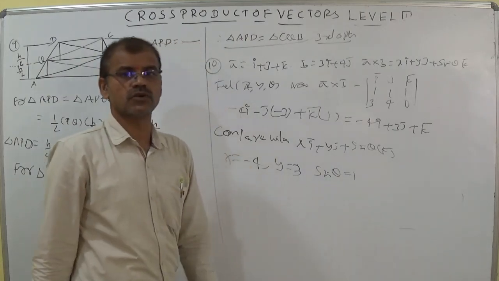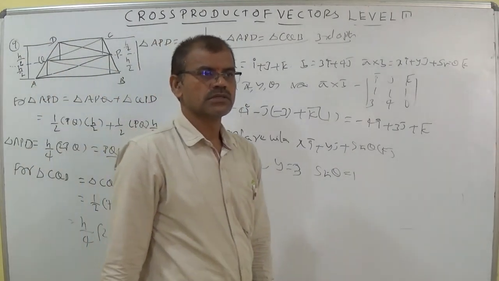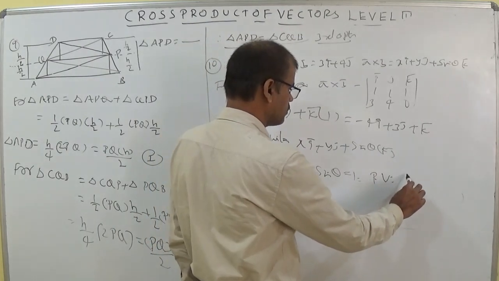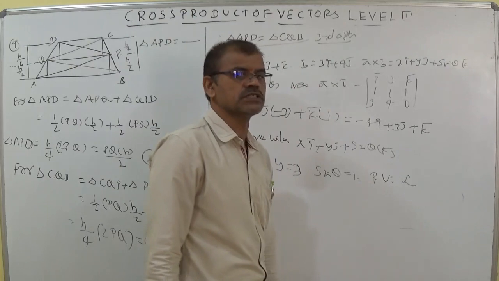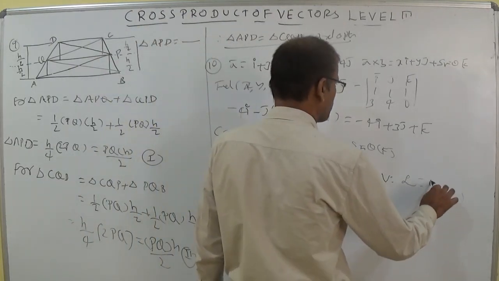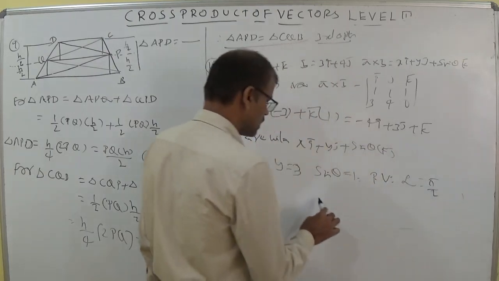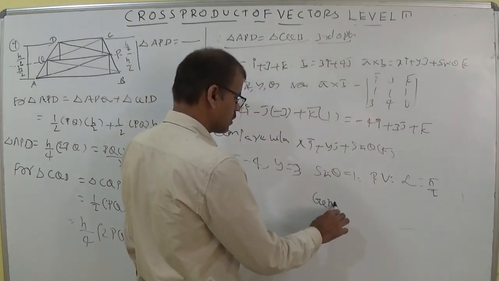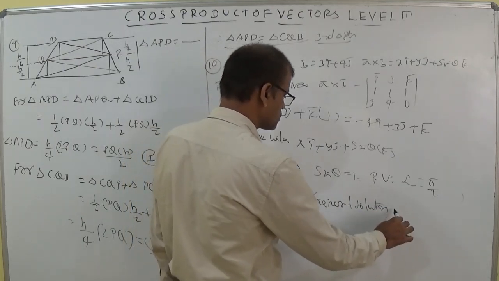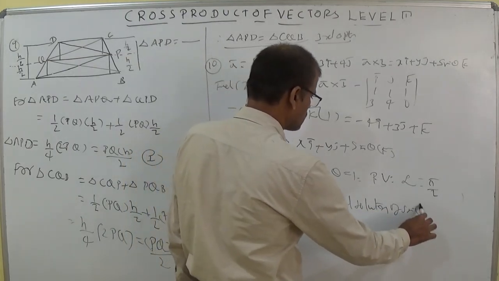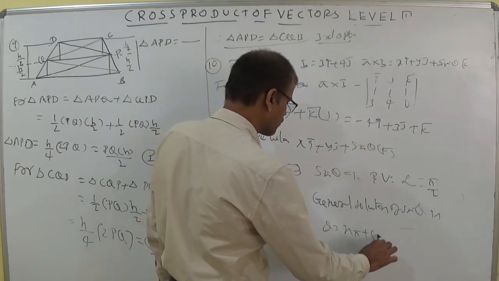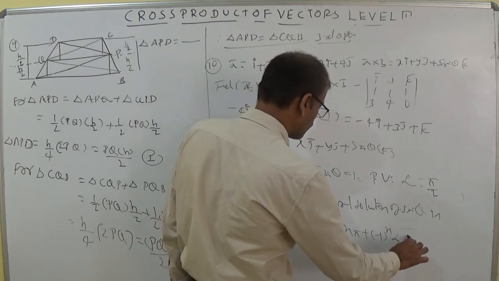Whenever sin theta is equal to 1, we know that sin 90 equals 1. Here the principal value, PV means principal value or principal solution, alpha is equal to pi by 2. We know the general solution of sin theta according to trigonometric equations: theta is equal to n pi plus or minus 1 whole power n into alpha.